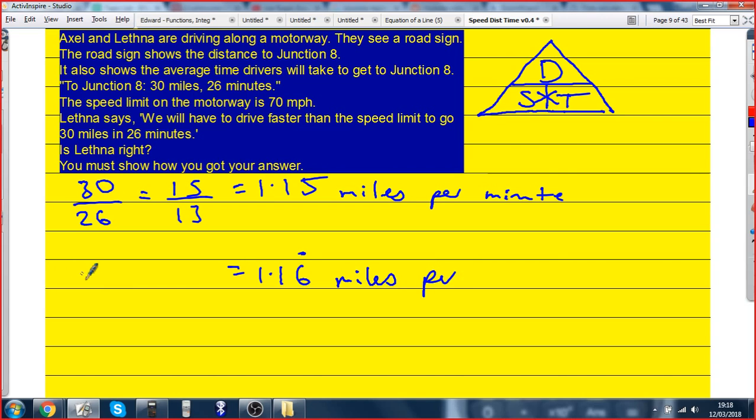And that's miles per minute. Yeah, so dividing it by 60 turns it into minutes. Okay. And so what does that tell us?